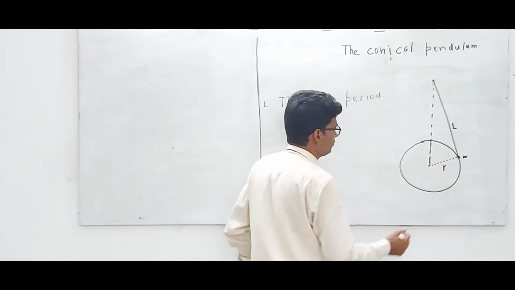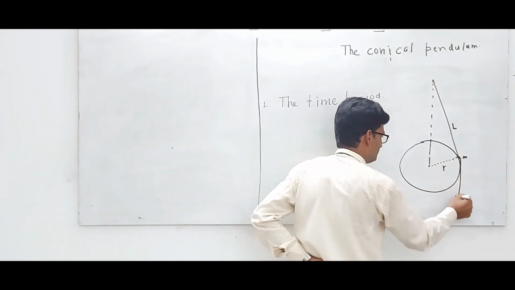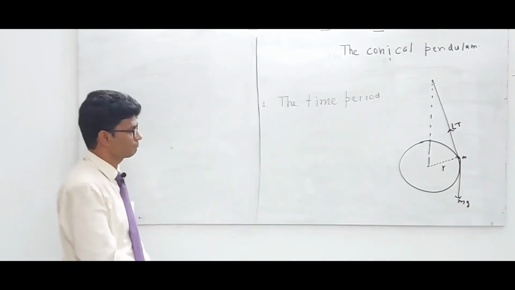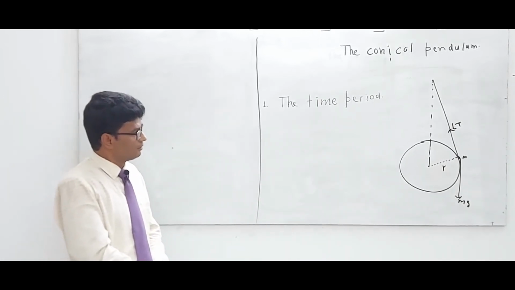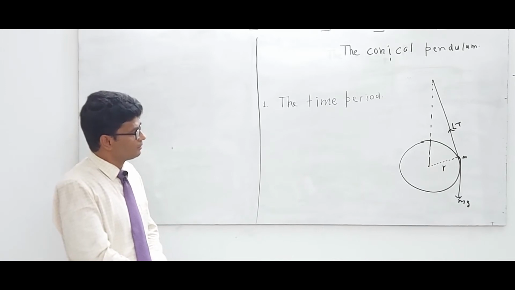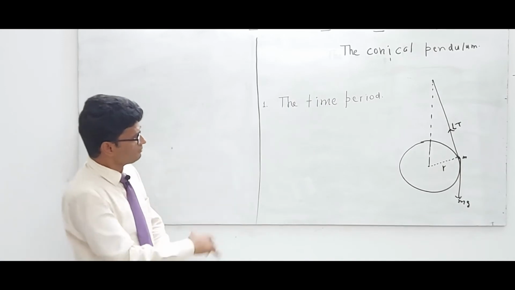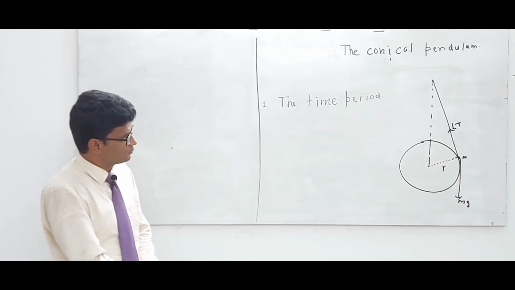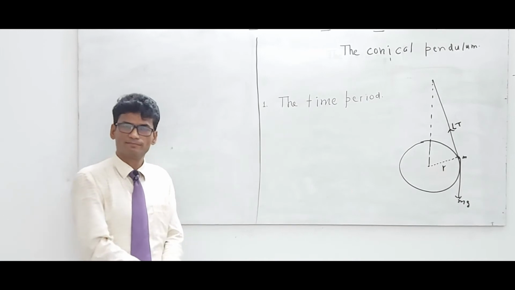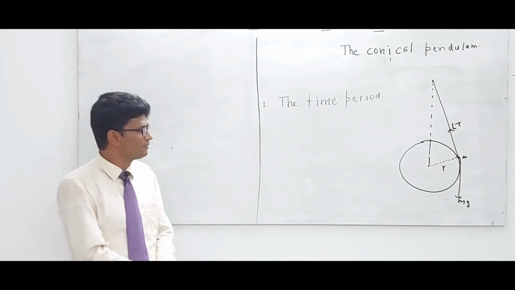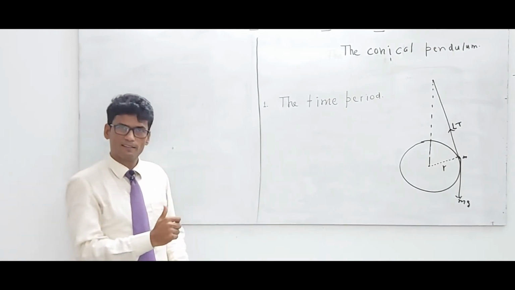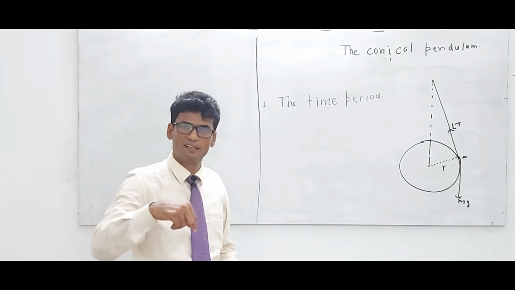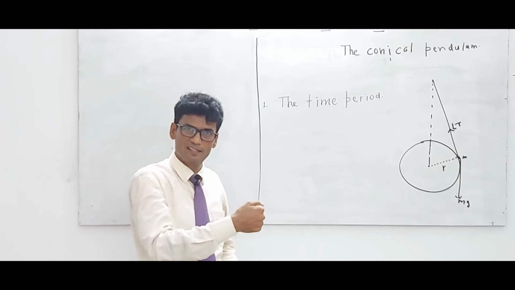Now the force mg is vertically down here, and we have the force of tension T. One misconception here among the physics fraternity is that, say this bob is moving in the horizontal circle with constant angular velocity, so there is a force towards the center.